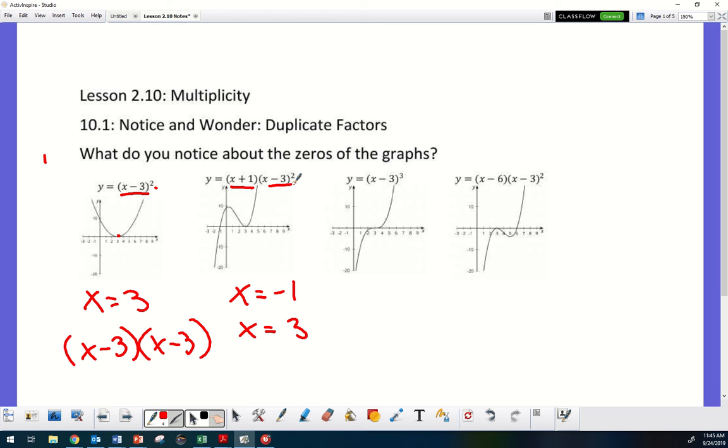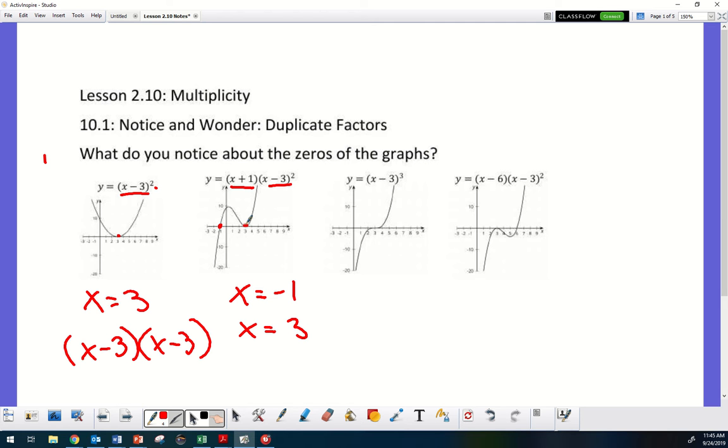On my graph, at negative 1, it's going to cross right there. But just like on the previous one, I have 3 twice. So it goes down, touches 3 once, goes back up. So that is my x cubed, my 3rd degree.